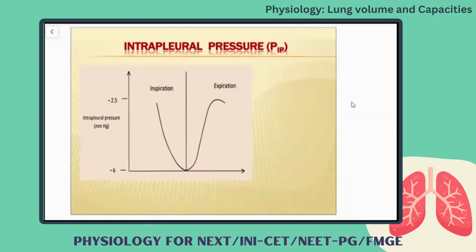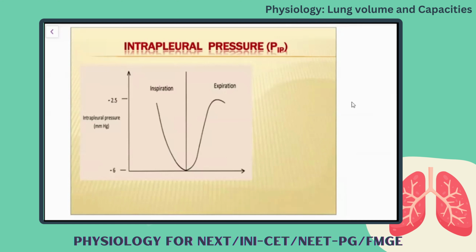If you understand this, you will understand the mechanics of breathing. In the mechanics of breathing, we will be seeing the pressure involved in breathing, which makes the air move from one zone to another zone.